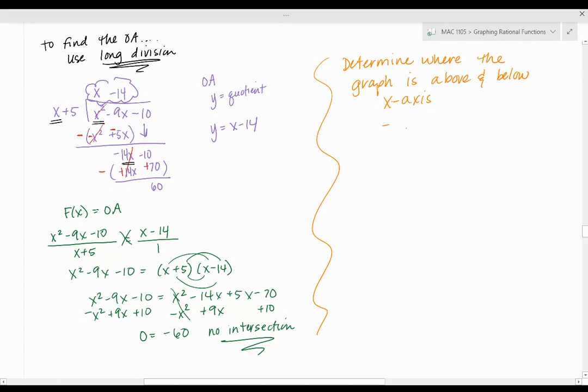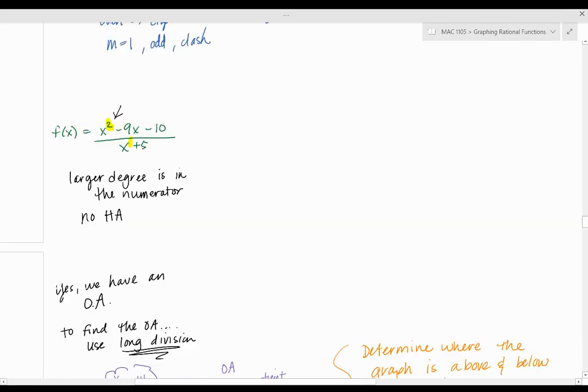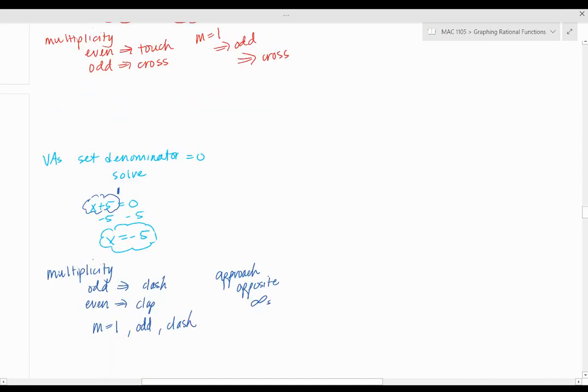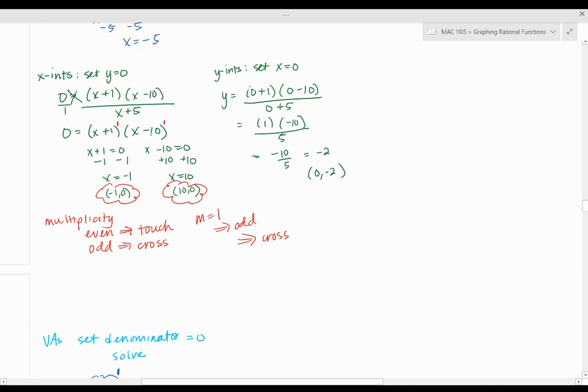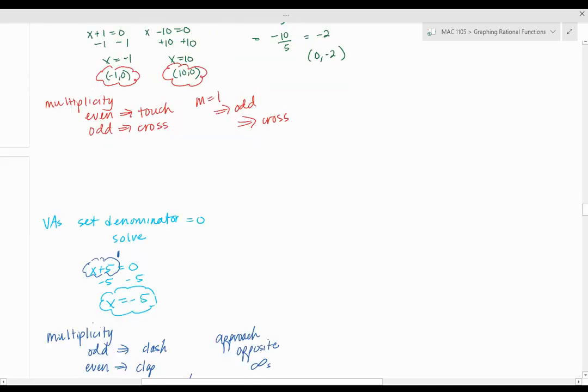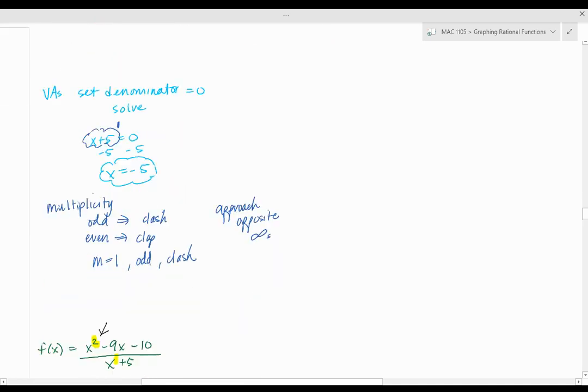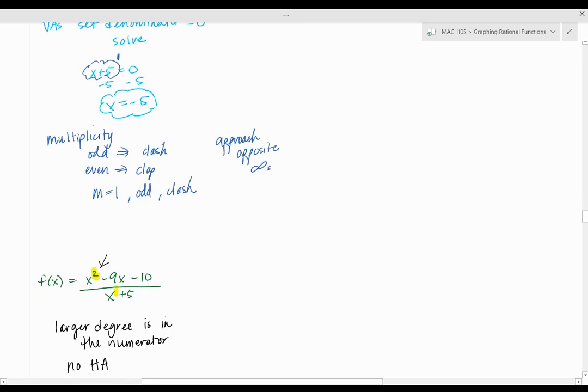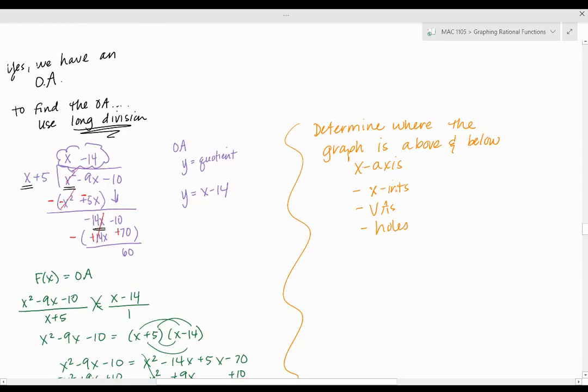To do that, you're going to place your x-intercepts, your vertical asymptotes, and any holes. All right, so we had x-intercepts at -1 and 10, and we had a vertical asymptote at -5.